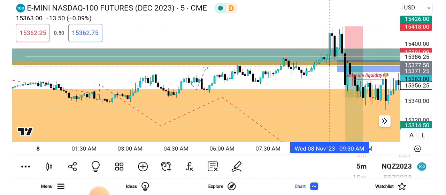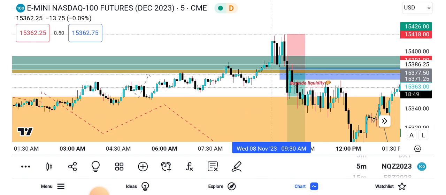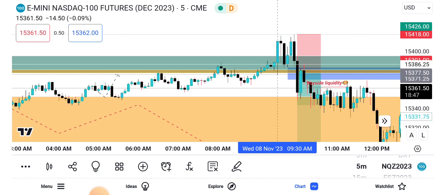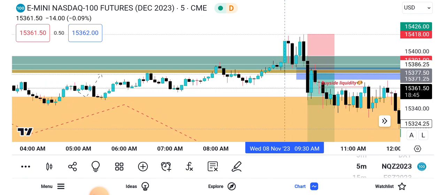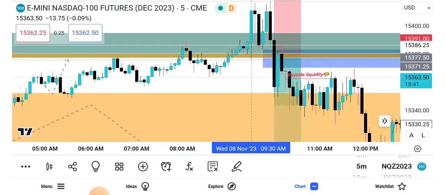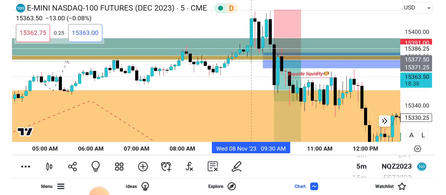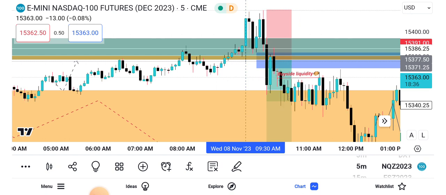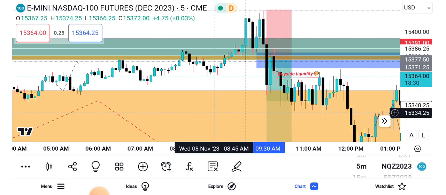But the trade entry was so bad of me. I didn't follow anything. At around 9:30, because we had news at around 9:15, I was anticipating it to pull price lower, but there was no effect at around 9:15.